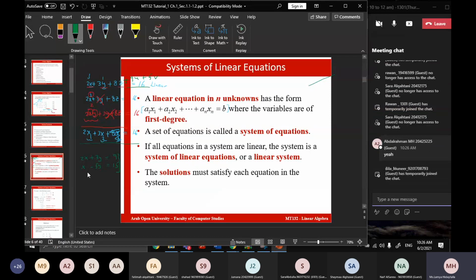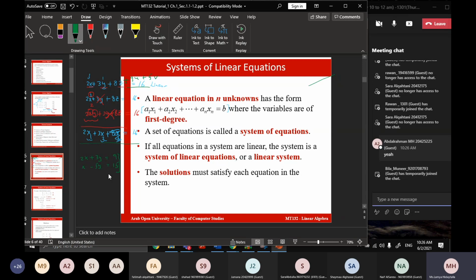All the equations there are linear, but they are more than one, so it is a system of linear equations.